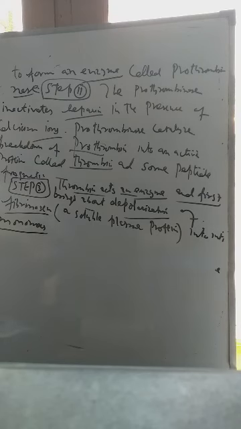Then later, thrombin stimulates repolymerization of these monomers into long insoluble fiber-like polymers called fibrin.